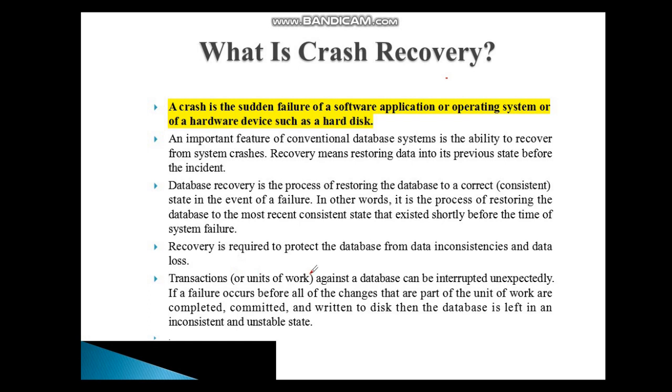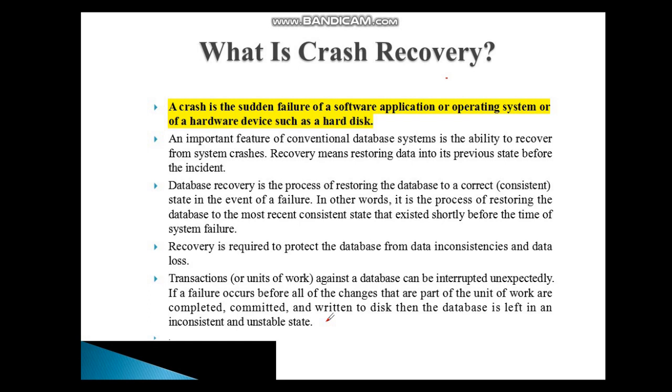Transactions or units of work against a database can be interrupted unexpectedly. If a failure occurs before all of the changes that are part of the unit of work are completed, committed, and written to the disk, then the database is left in an inconsistent and unstable state.